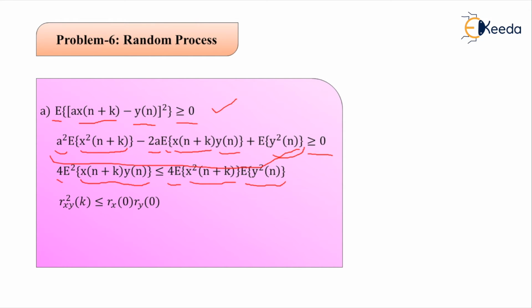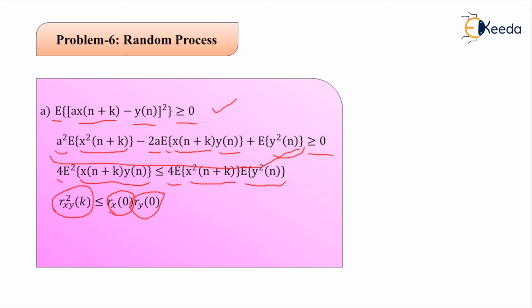So here the left hand side is r suffix xy square as a function of k, which is less than or equal to the multiplication of rx of 0 into ry of 0.